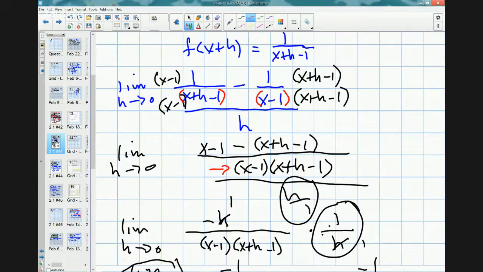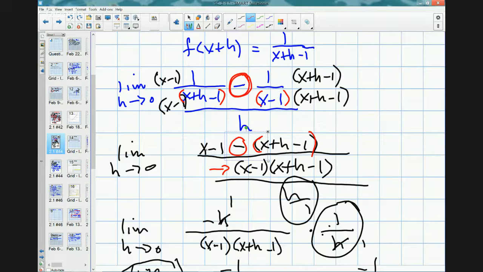And what do we get on the numerator of the left fraction? X minus 1. What do we get in the numerator of the right fraction? X plus h minus 1. And because of this minus sign up here, I've got to put this in parentheses. Otherwise, I wouldn't properly distribute that. And of course, I can't forget about h down here on the bottom. So I called it h over 1. You'll see why in a few moments.